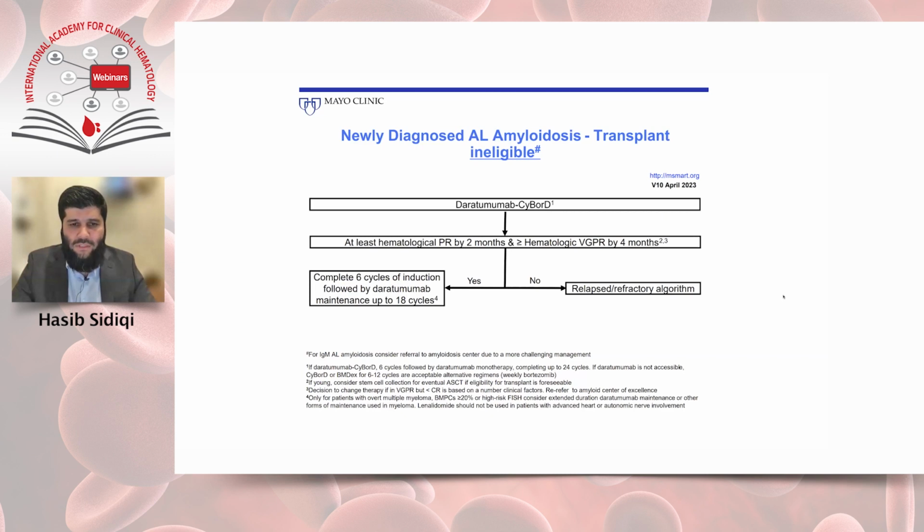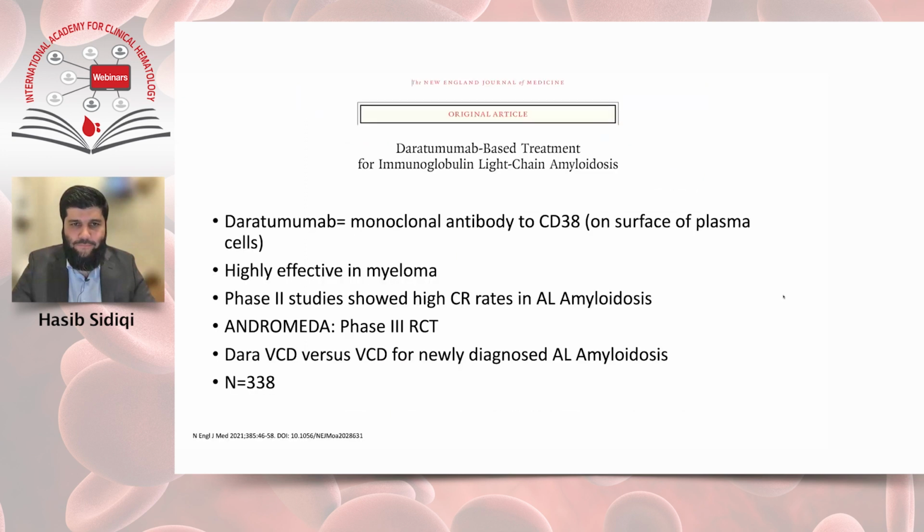And really, the goal is to achieve at least a VGPR, if not CR, continuing on this protocol. And if you fail to achieve that deep response, then looking at alternative options or switching therapy to try and optimize outcomes based on deepening response becomes next line therapy.